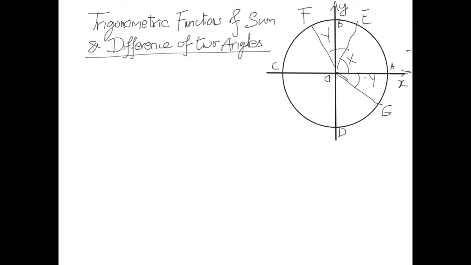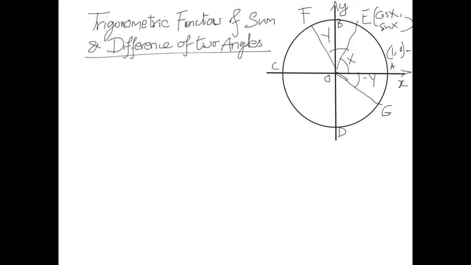Now let us indicate the coordinates for these points A, E, F and G. Point A lies on the x-axis and it is a unit circle, so the coordinates of A are 1, 0. The coordinates of E are cos x, which is the projection of OE on the x-axis, and sin x, which is the projection of OE on the y-axis.